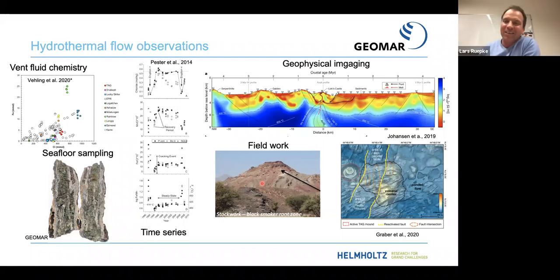And finally, there is high resolution bathymetry, and I will show you later examples of how, with these new imaging capabilities, we can better constrain models and see connections between structures we can image at the seafloor and what might be happening below.